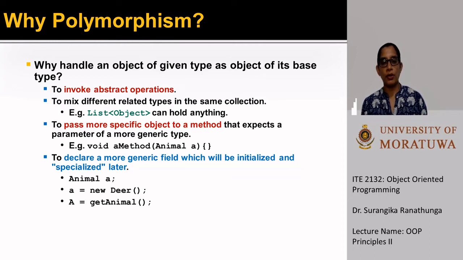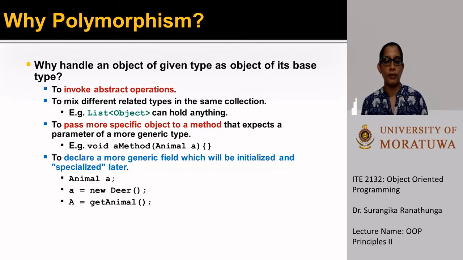So that is what we mean by the third point: pass a more specific object to a method that expects a parameter of a more generic type. Here the generic type means the employee, because it's a superclass, it's more general, and the specific means the subclass, non-academic or academic.